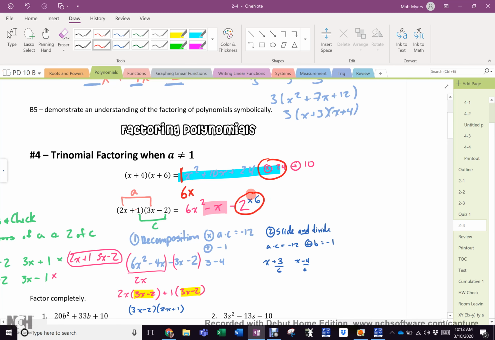So I multiply this by 6 because this is 6 times bigger. Once I have this as 12, then I know that's what I need to multiply to. And I know it's going to be 3 and 4 because I still have to get negative 1.